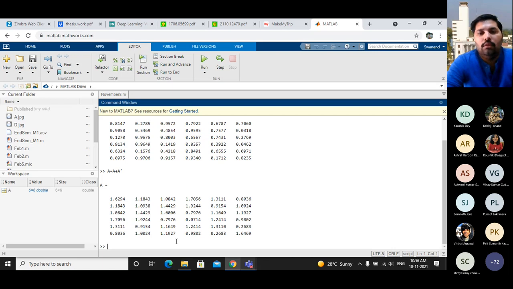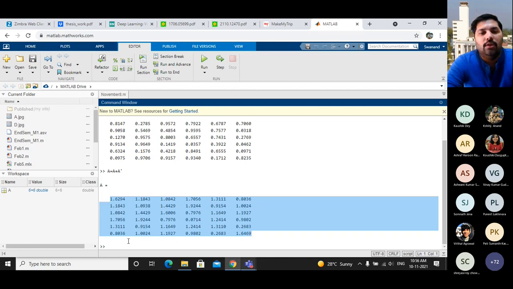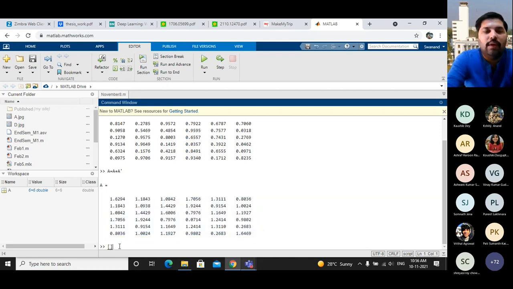Why? See, this entry is the same as this entry, and this is the diagonal entry. You can very easily see A plus A transpose is a symmetric matrix, right? So this is the symmetric matrix that I have constructed. Let us see what is the singular value decomposition of this symmetric matrix.